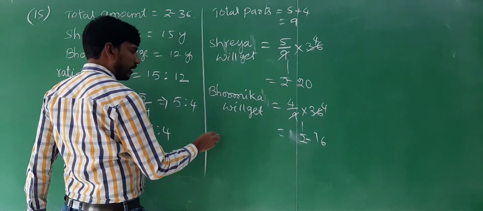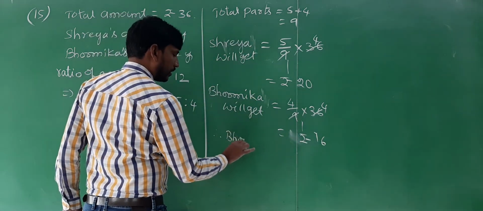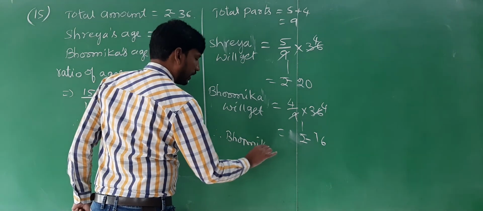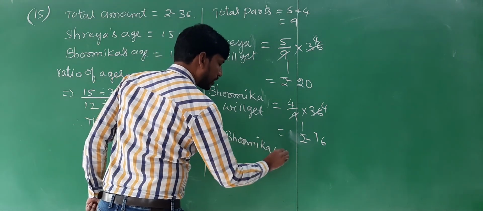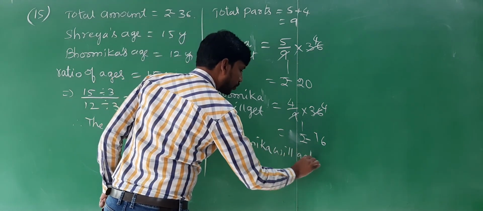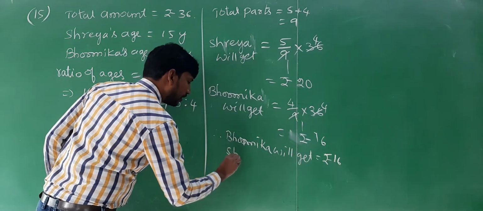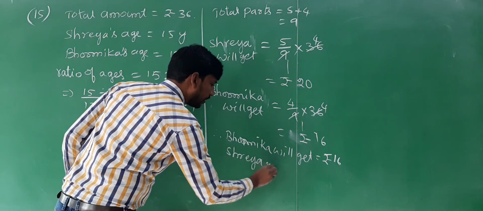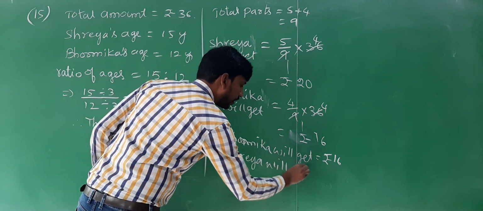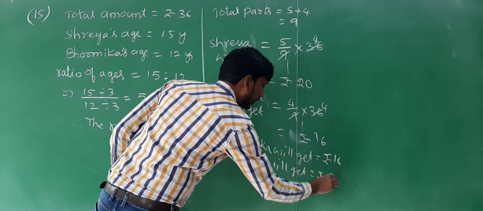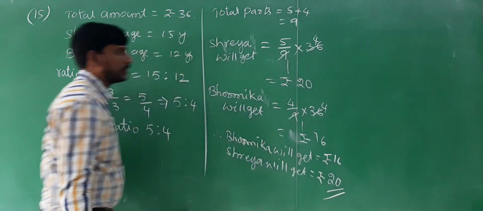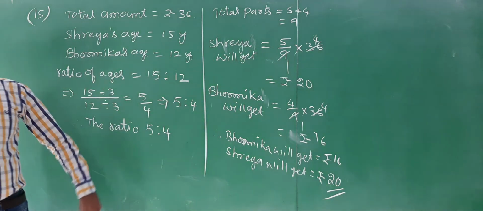So therefore Bhumika will get 16 rupees, and Shreya will get rupees 20. Is it clear? Please copy this.